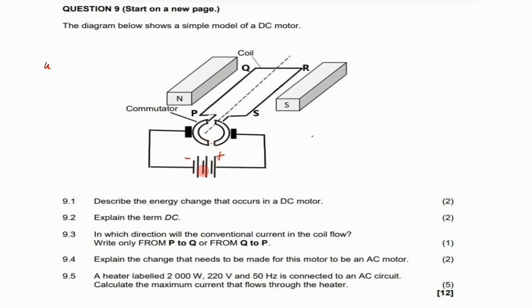But our rule when it comes to electricity and conventional flow is that current will flow from the positive terminal to the negative terminal, right? So that means all this is positive. So your current is flowing like this, and then when it gets here, that means it will flow from Q to P, right? So the answer here is 9.3 is from Q to P.